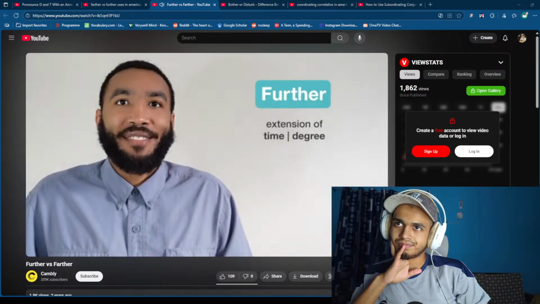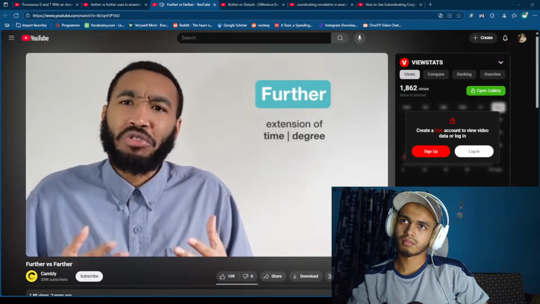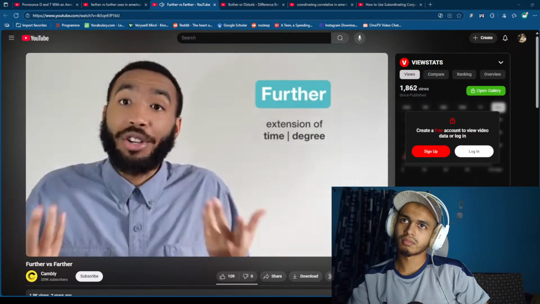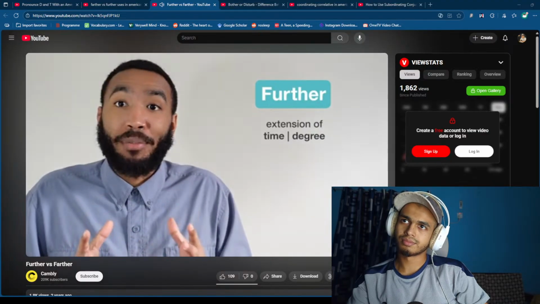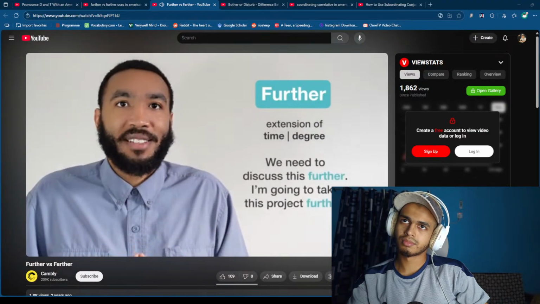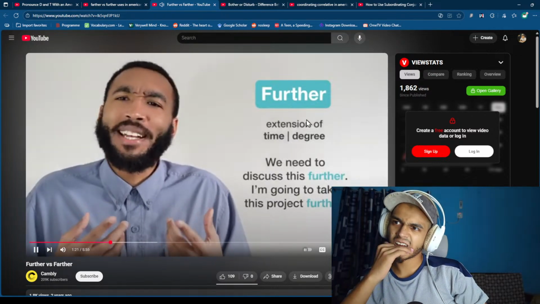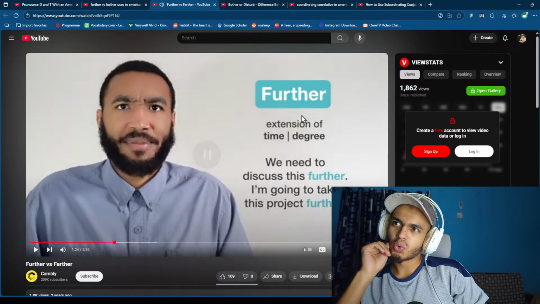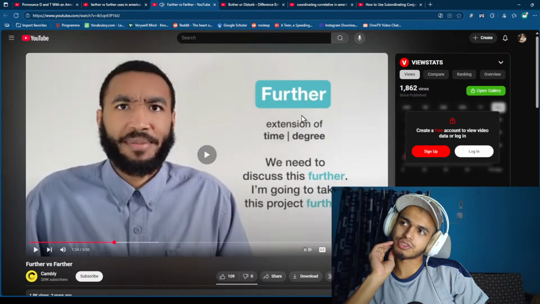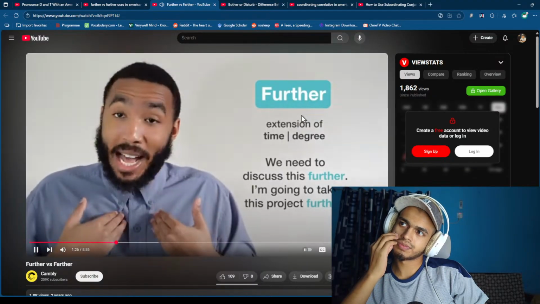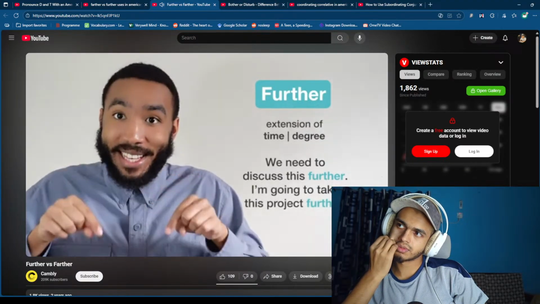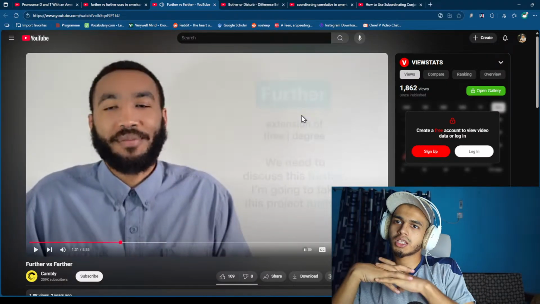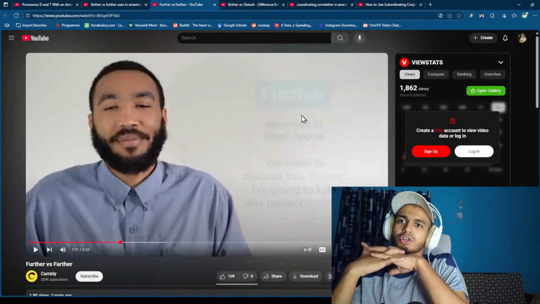Further is an adverb that refers to an extension in time or degree. An example of further in a sentence is: we need to discuss this further. Or I'm going to take this project further.